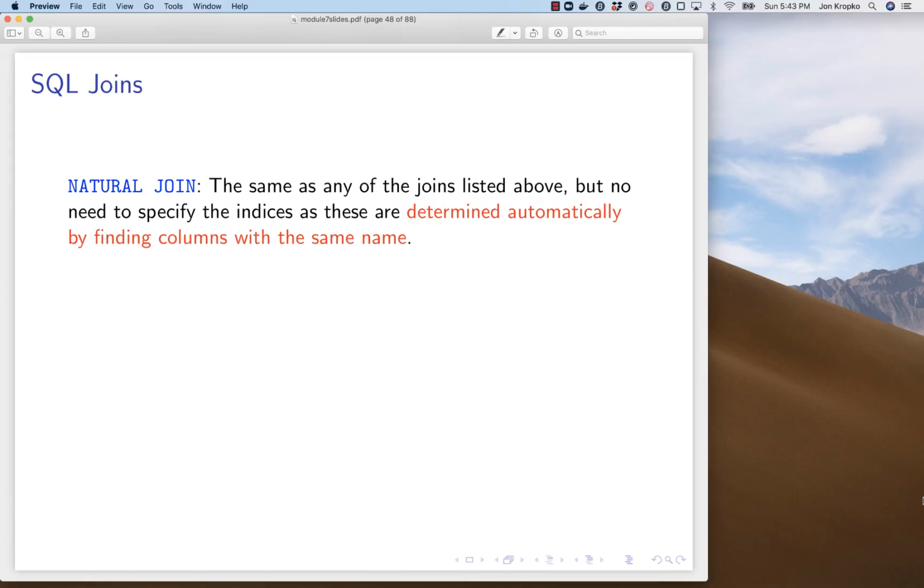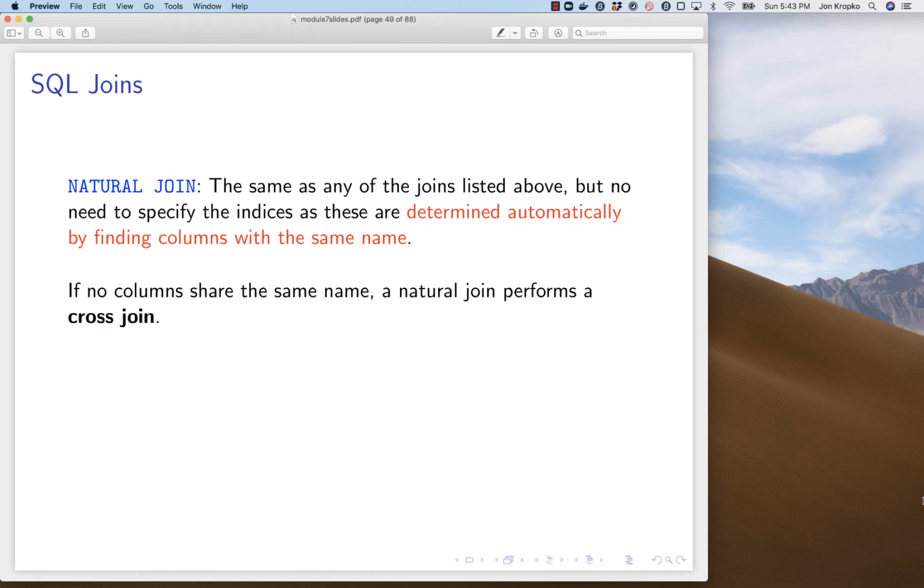So if we have city in NFL and we have city in NBA, it's going to see that and assume that city is what we want to match on. And so it saves us a line of code. We don't have to write on. It's also going to display just that one city column and not two city columns, which is pretty nice. If there are no columns that share the same name, a natural join performs a cross join instead.